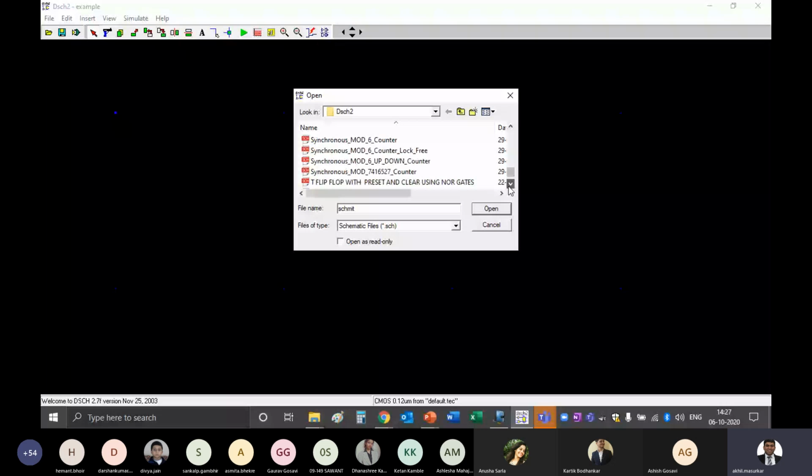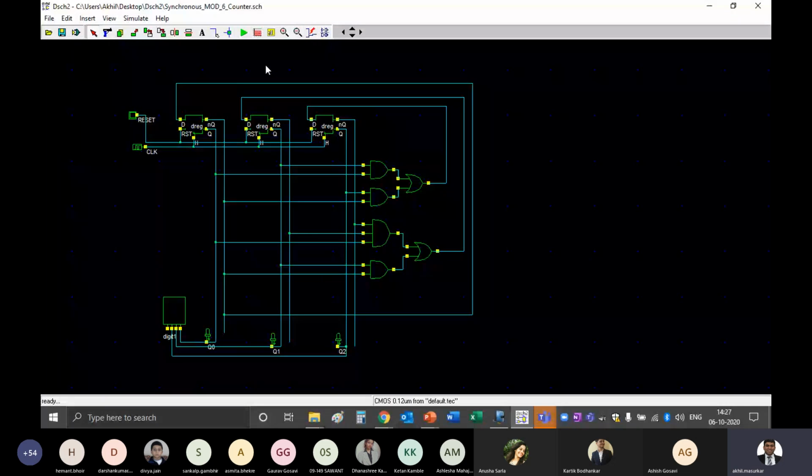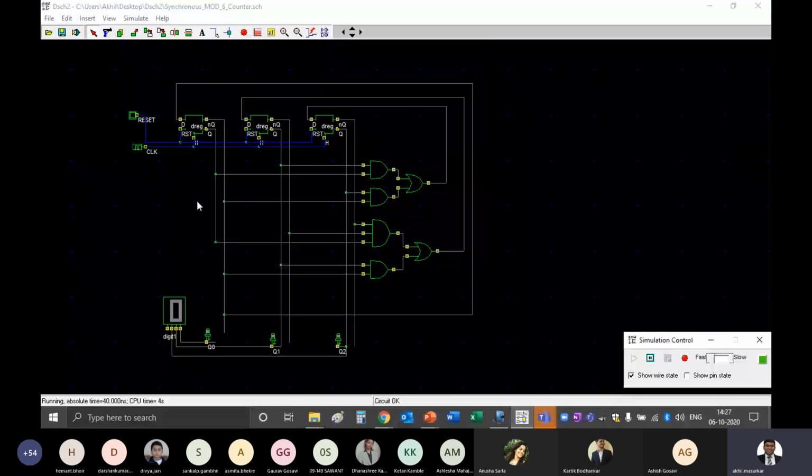So let's see the synchronous mod 6 counter. The circuit is already there in front of you. And let's see the working of this. I'm just simulating this thing. You can see initially I have to reset the flip-flop.